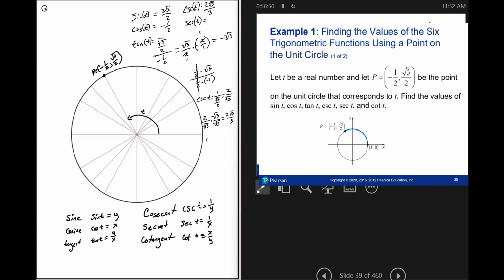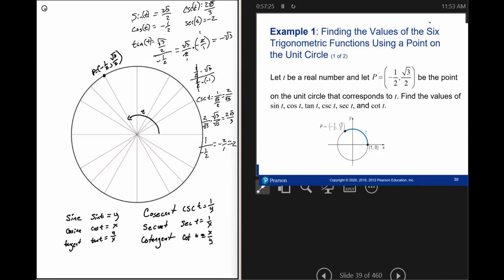Or it's going to be a negative, 1 divided by a negative 1/2, which is just a negative 2 over 1, which is negative 2. So the secant of t is now a -2.